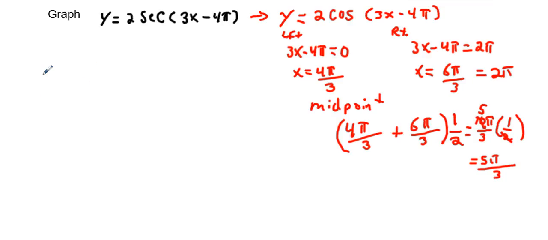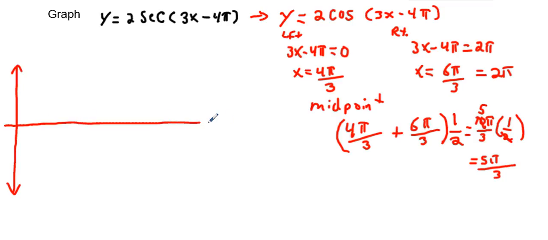Alright, so our next step is we're going to plot our points. Now 4 pi over 3 and 2 pi are on the positive side. So as I draw my graph, I'm going to skew it toward the positive side. Let's go ahead and put 4 pi over 3 right here. And this is not going to be to scale, because 4 pi over 3 is pi over 3 past pi.